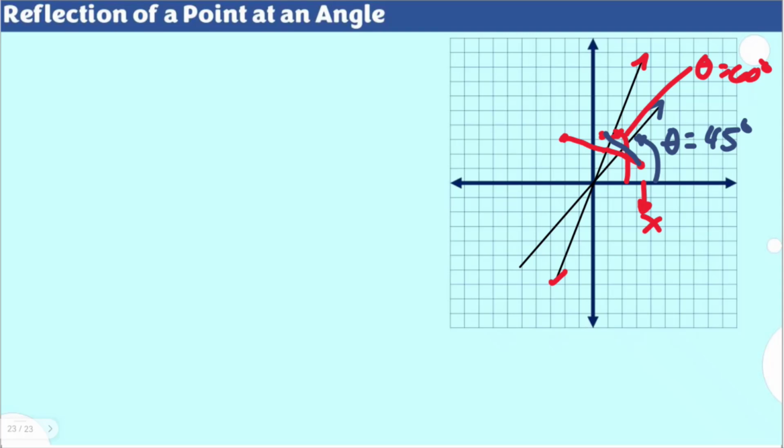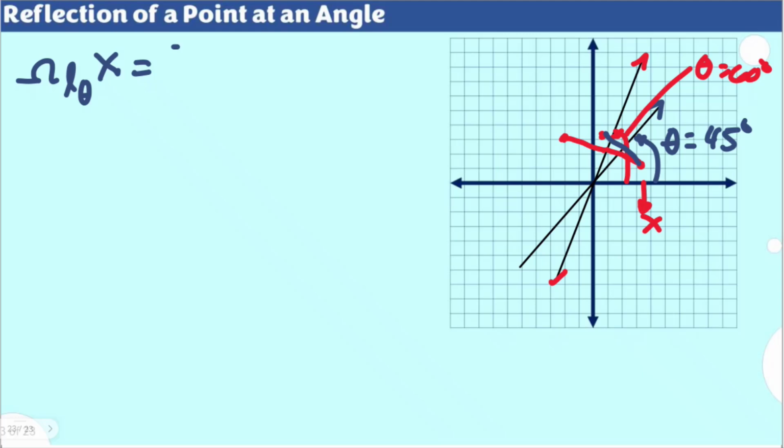Now, in order for us to identify the reflection of a point along a certain angle, it is represented by this formula. The reflection of a certain point x on the line formed by a certain angle is identified as the product of two different matrices, which is defined in nature.